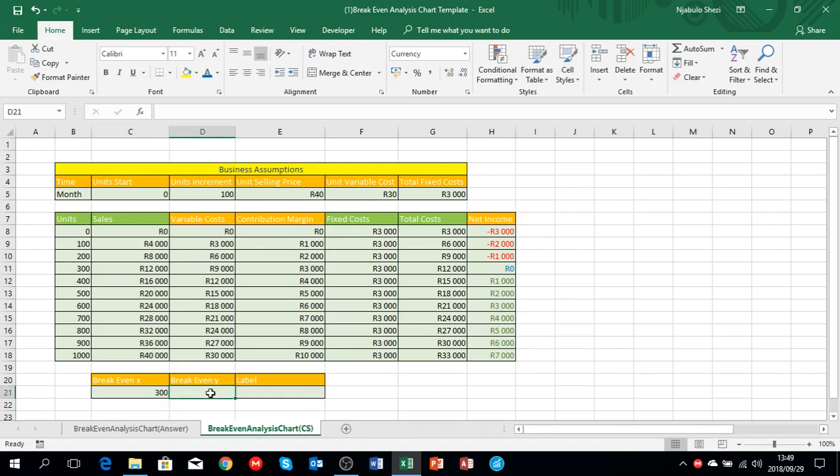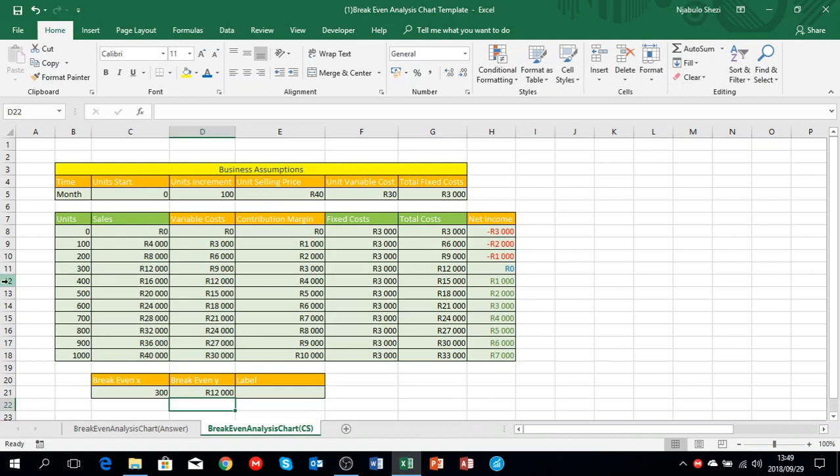And then our break-even Y is equal to our break-even X times our unit selling price, which is then 12,000.